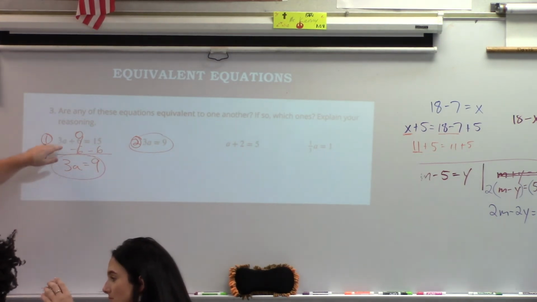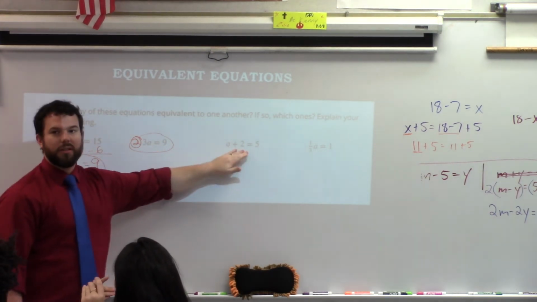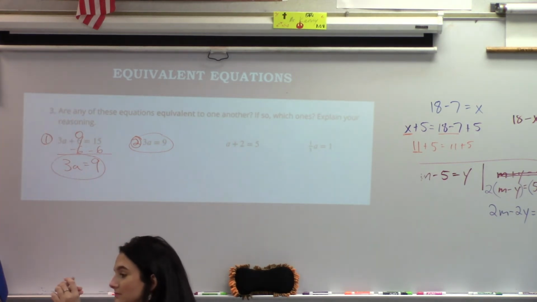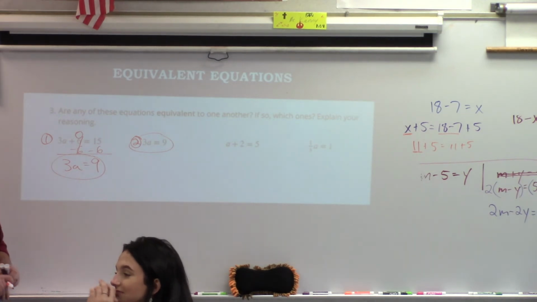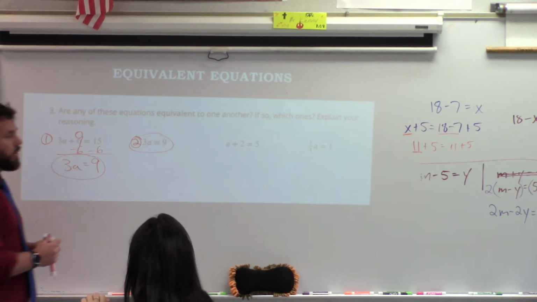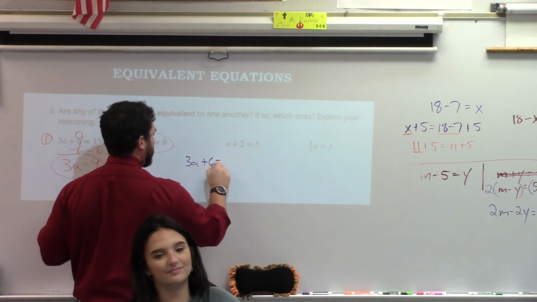But would it be easier to use this equation or this equation to look at this one? Two. Why don't you tell us? I want to know what you think. You gotta do the same thing. Exactly. Okay, so you're thinking I should use the first one. Yep. Okay, so I'm going to use the 3a plus 6 is equal to 15.